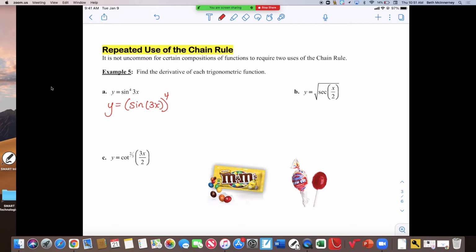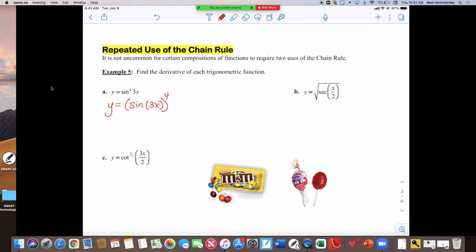So here's where I want to connect this to the Blow Pop again. Something to the 4th power is the wrapper. I've got to take off the 4th power first. Then the candy shell is the sine function, and the gum is the 3x. Does that make sense? I've really got 3 layers happening here.